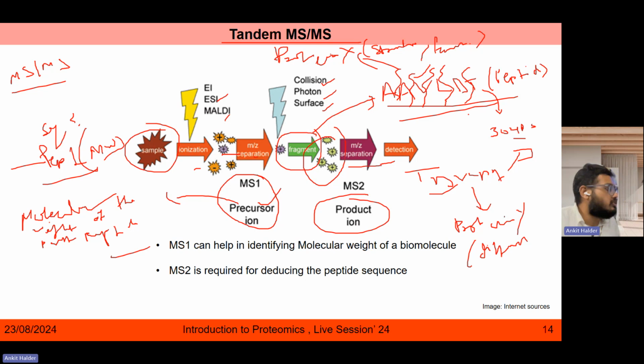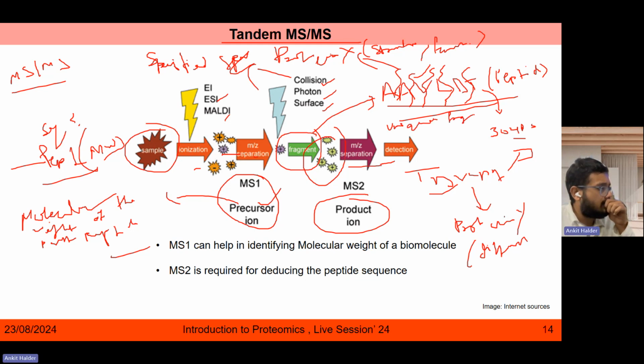Because we will be using a specific energy, this will have a unique fragmentation pattern.